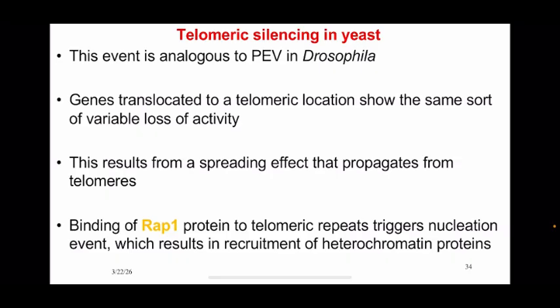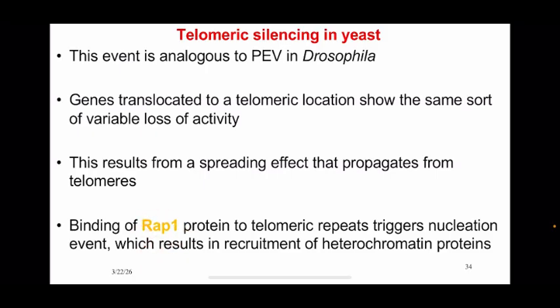So this results from a spreading effect that propagates from the telomeres. And actually what occurs is the binding of a protein called RAP1. So the telomeric repeat will trigger the nucleation event. So the RAP1 will bind.